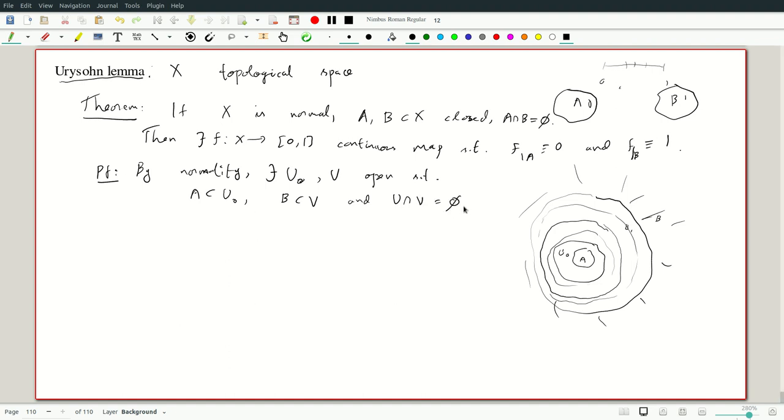Since U0 intersection V is empty, U0 is contained in X minus V. Remember that this is closed. Hence, what we know is U0 bar is contained in X minus V, which is contained in X minus B, and this is what we'll define to be U1.